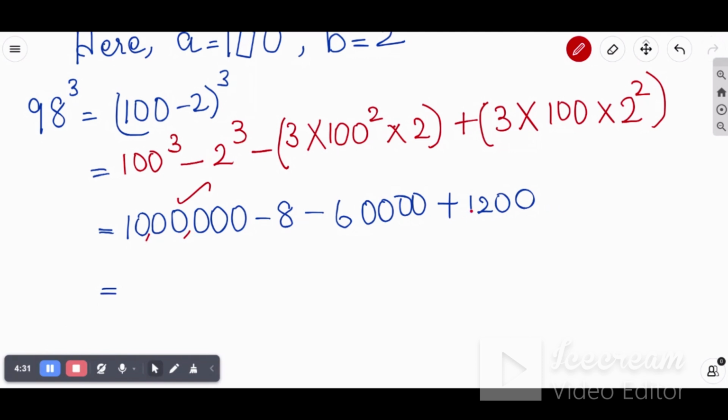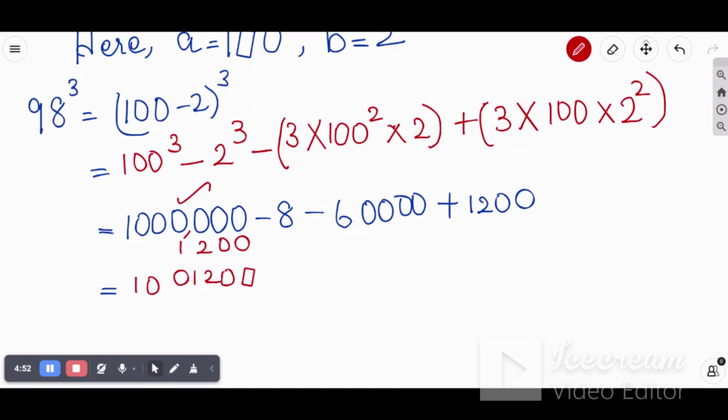So write your 10 lakhs plus 1200. So you can directly write it if you can. So that will be your 10 lakhs and your 0 and your 1200. For safer side, if you want, you can put the commas and write it, or else you can leave it if you don't want the commas.